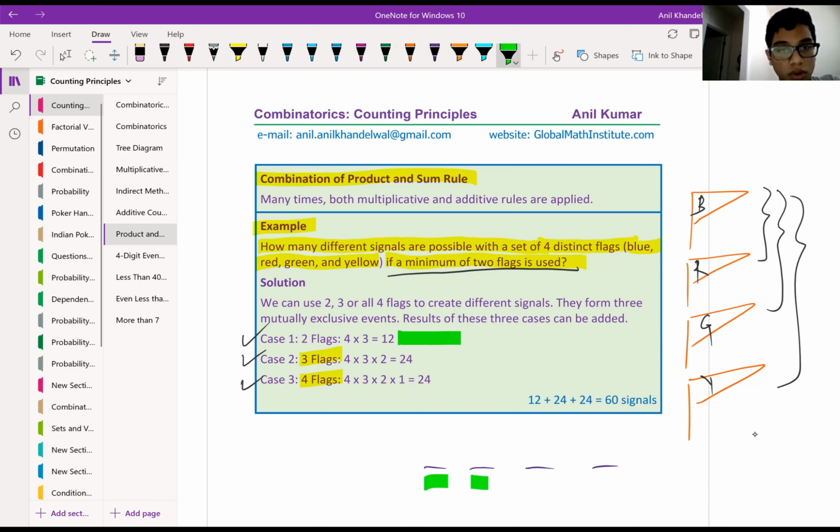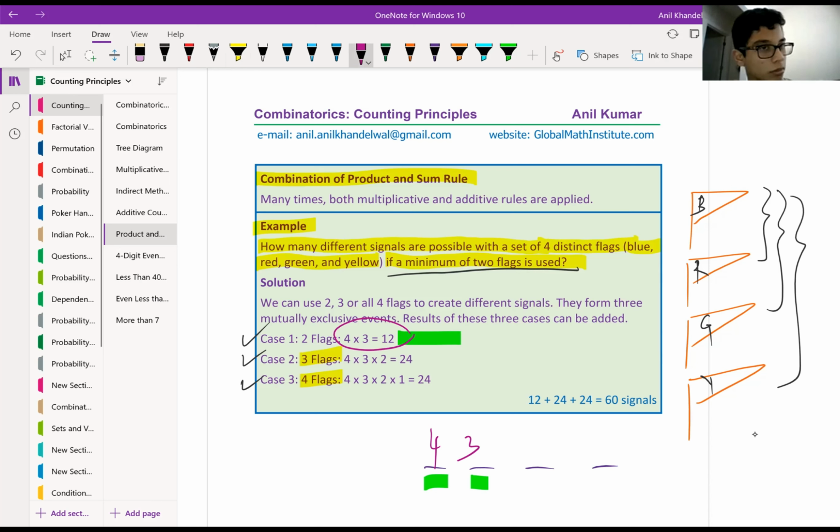Because there are 4, I can pick up the first flag in 4 ways, correct? Once I have picked up a flag, 3 are left. So the other option is 3. When I multiply, I get 12. So if I am creating signals with 2 flags, there are 4 times 3, 12 options, right?